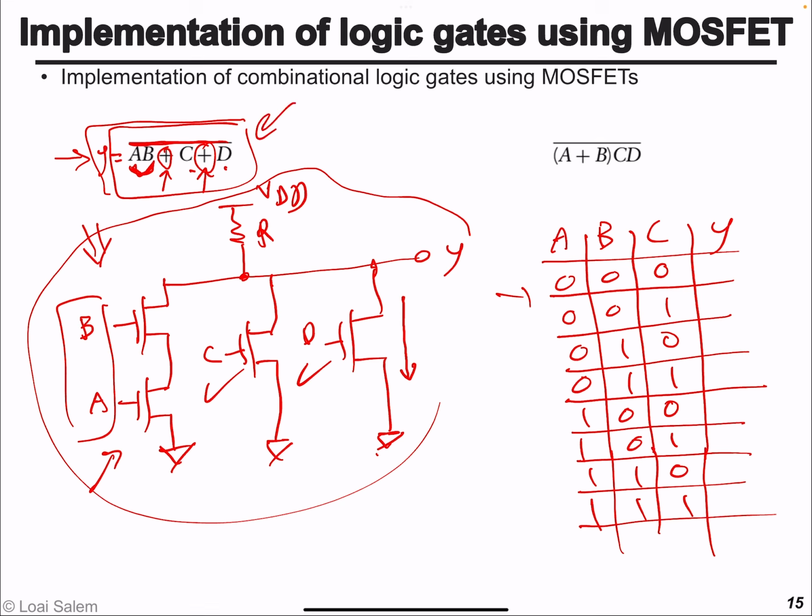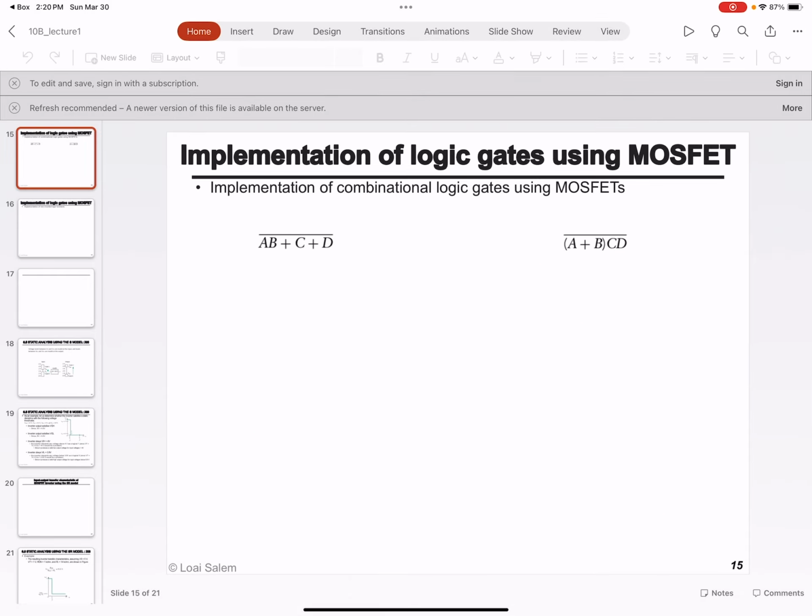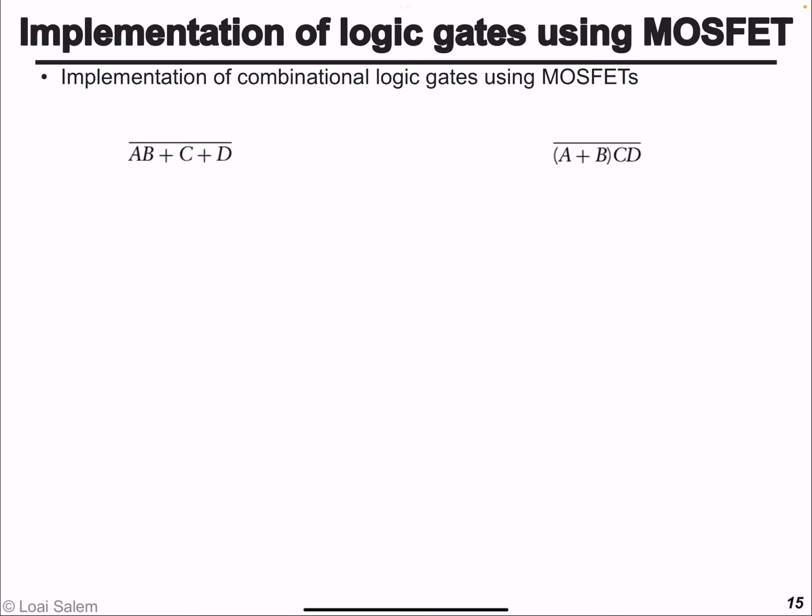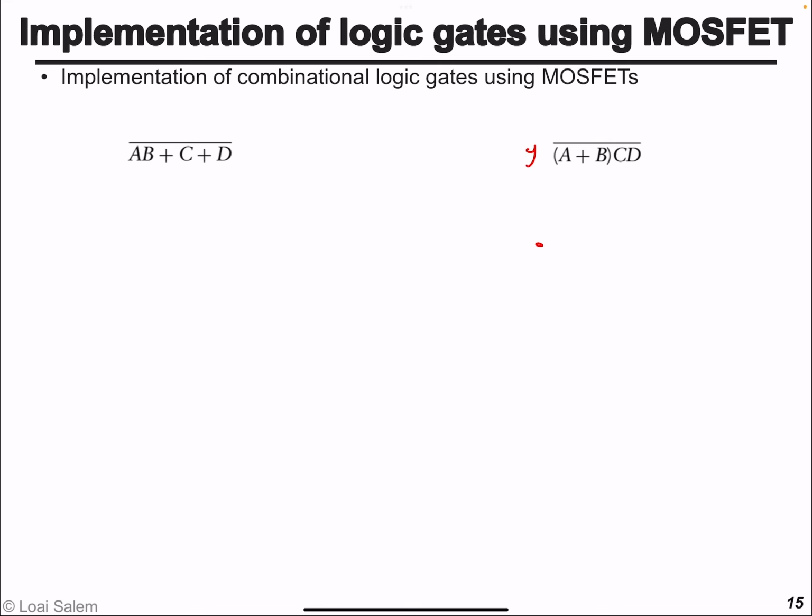Now let's look at how to implement the function on the right using transistors. We have A or B, okay, so we connect them in parallel.